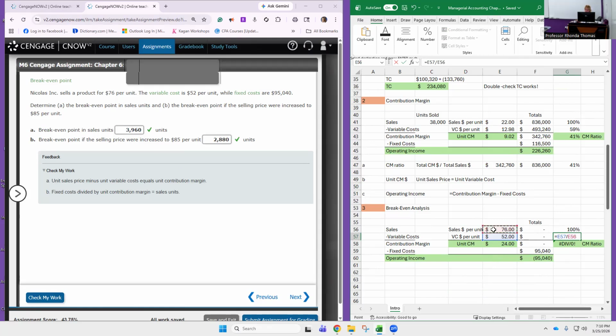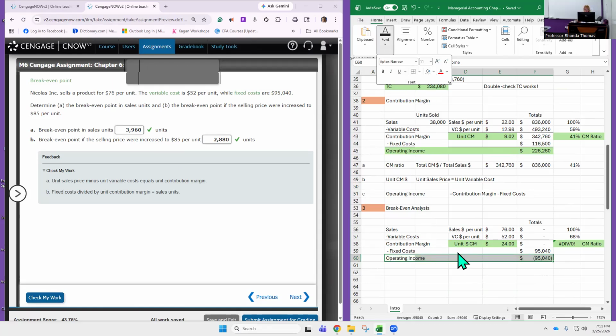Okay. And then for the unit contribution margin, and this is dollars too. Okay, unit contribution margin. So they don't necessarily want this. I'm gonna get rid of this. Okay, but it is good to keep this going, so you have it in your mind.